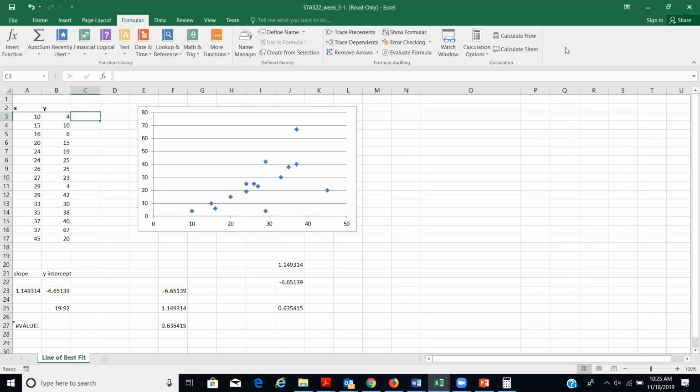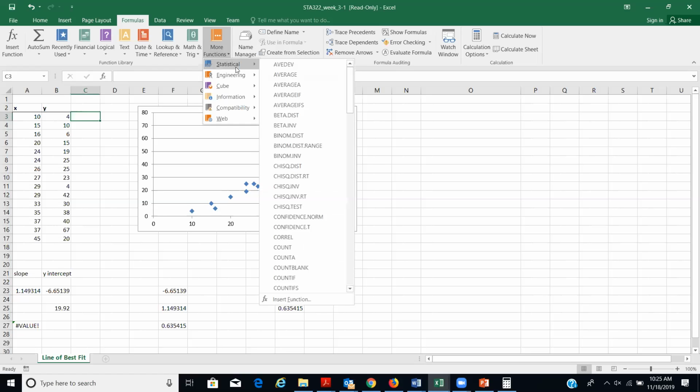There is a standard deviation program. If we look at the statistical functions and go down to SDEV, we have 2 of them.